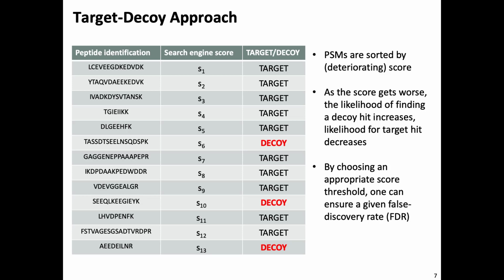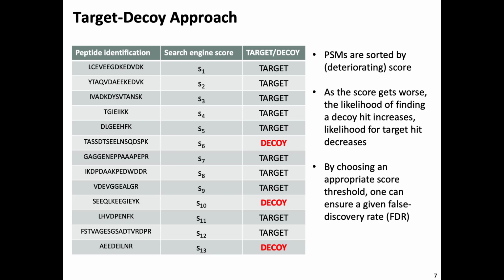So what will happen is that your search engine will assign scores to the individual peptide candidates, and hopefully the true identification comes from one of these target proteins. So we now call the forward ones target, and the reverse ones the decoy proteins. They look like proteins, they're very good decoys, but they should not be found.